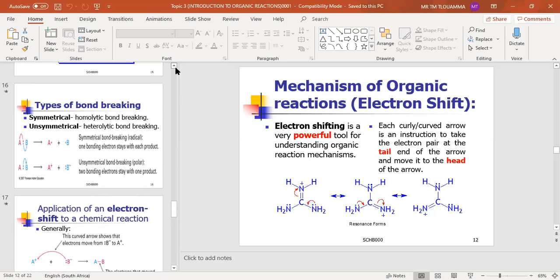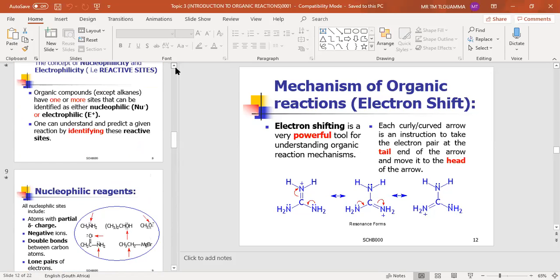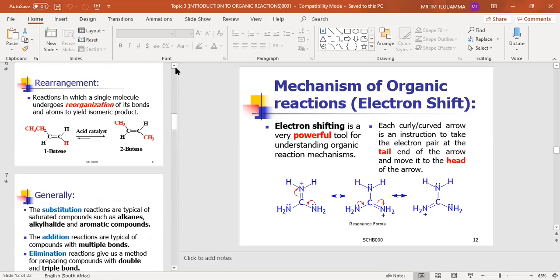So now you must go and digest whatever we did today, the reactions, and also the relationship between the nucleophilic and electrophilic reagents.